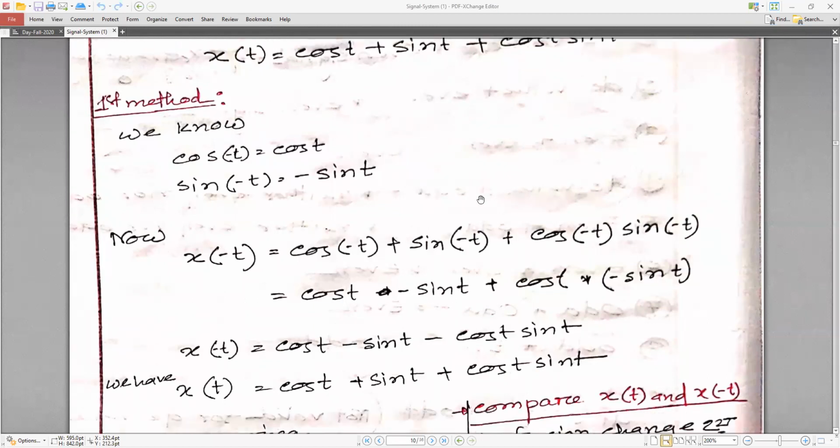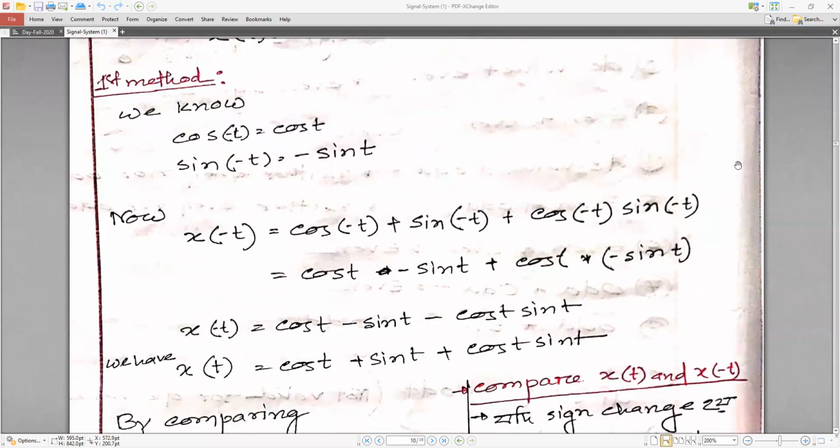Okay, see, cos of minus t is equal to cos t, right? And sin of minus t is equal to minus sin t. We know that from the trigonometry from our childhood. So x of minus t.